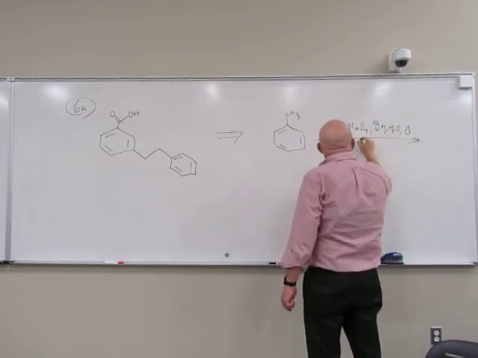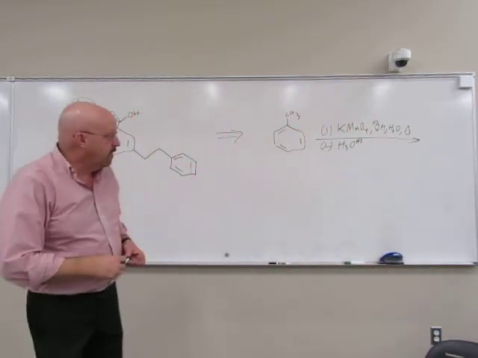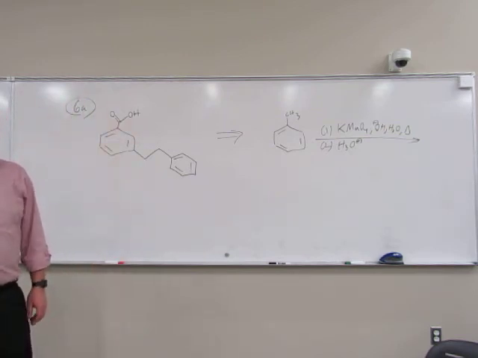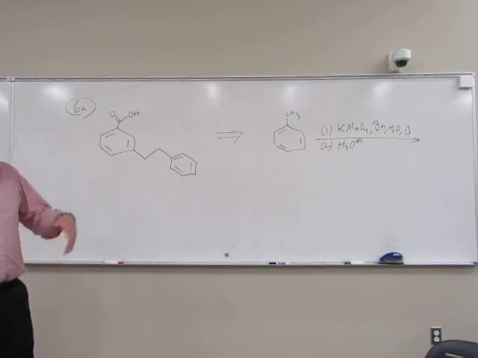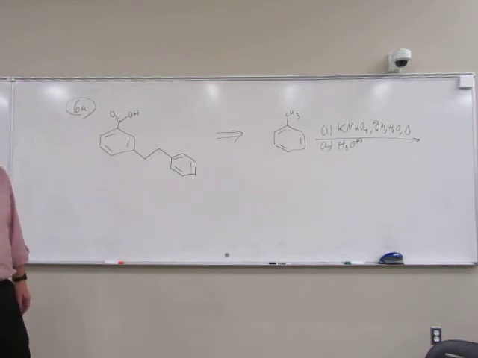Always acidify in separate steps there. The first step has a strong base. If you just write hot potassium permanganate, I'm fine with that. But technically, you always acidify in a separate step. But if you just write hot potassium permanganate, that's good enough for me. I'm not picky. I'm happy that you got that much.